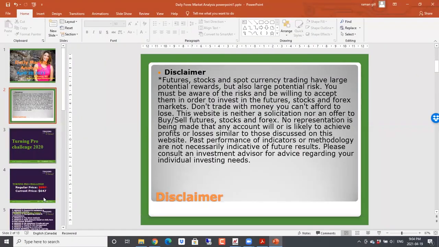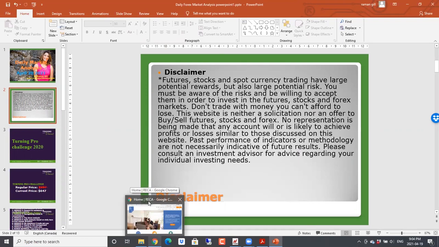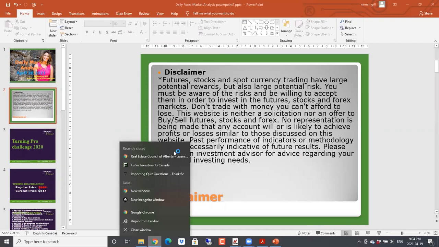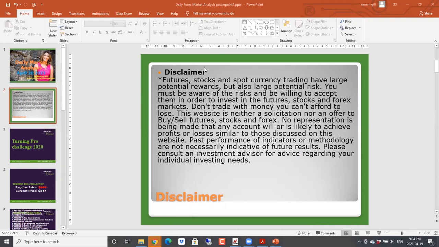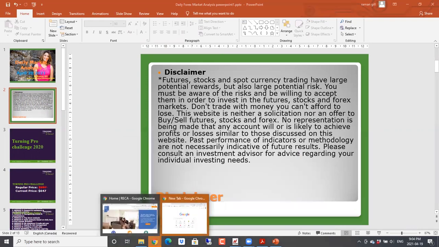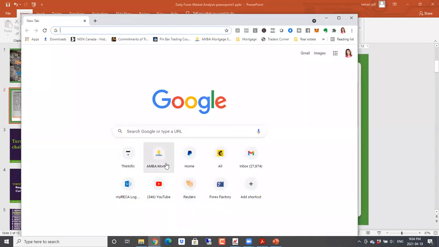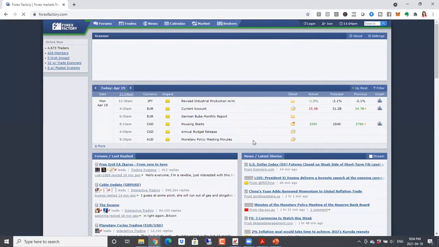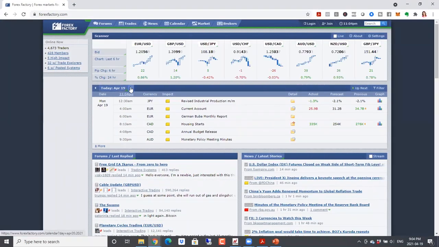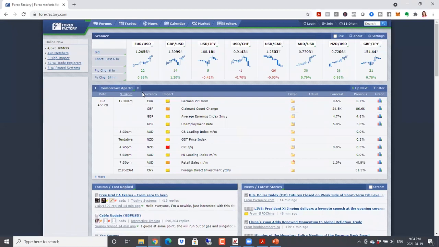As usual, we'll start off by taking a look at our calendar here. In terms of what we have coming up on Tuesday, the most important thing will be the employment numbers out of the UK.